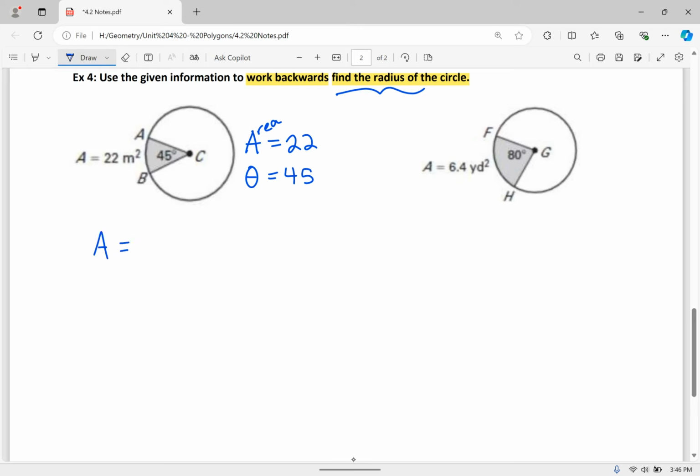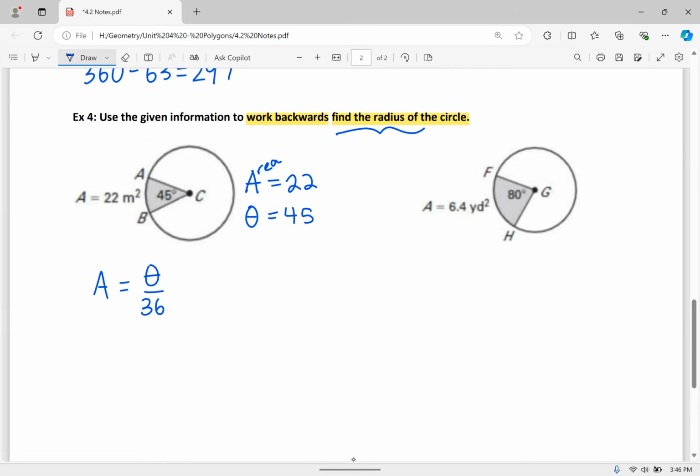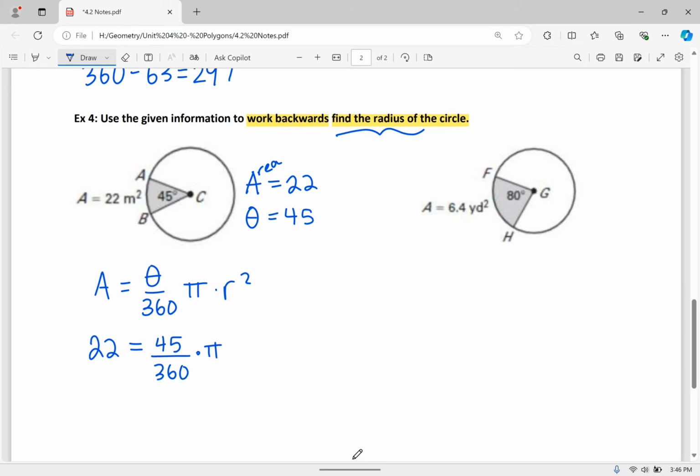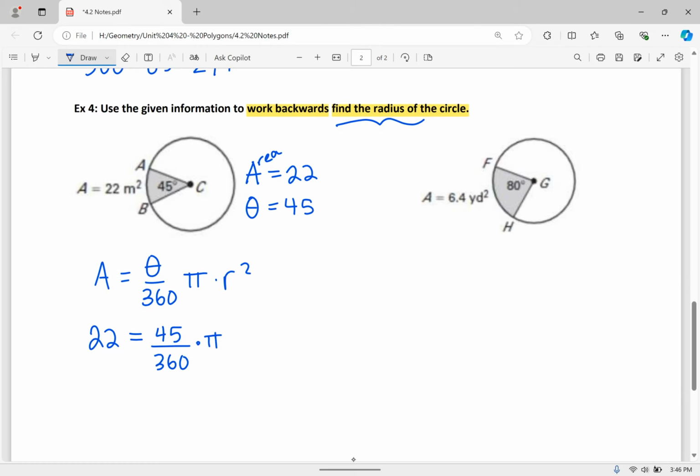If we use that formula from before, we know that the area of the sector, we can fill that in. We just don't have the radius because that's what we are looking for. So we're going to write 22 equals 45 over 360 times pi times the radius squared.